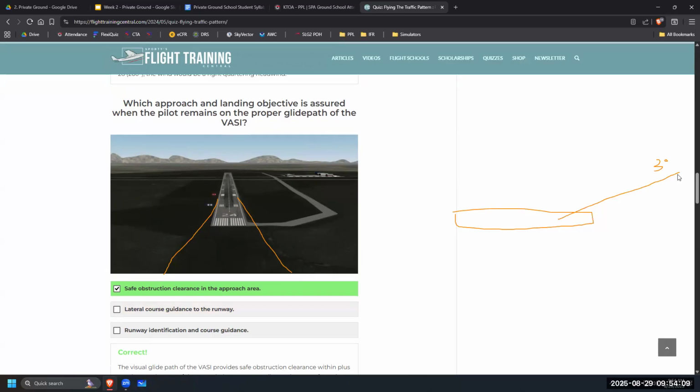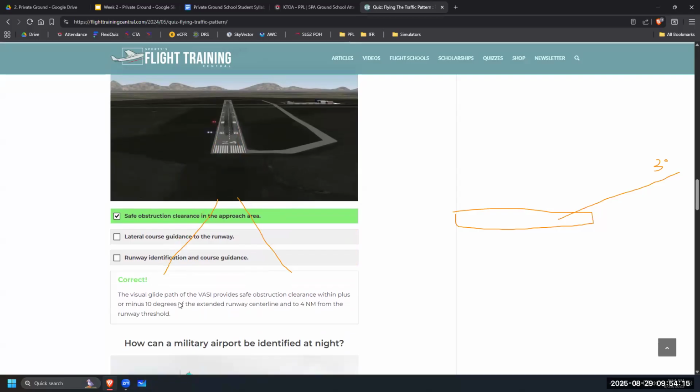It is keeping us on a vertical path from the air to the runway, and that clears us of obstructions in the area. The obstruction clearance that VASIs give is plus or minus 10 degrees of the extended runway center line and 4 nautical miles to the threshold. You don't need to know those numbers, but it was more of like, what's the term? Like getting rid of all the other ones, eliminating the others because those are wrong.